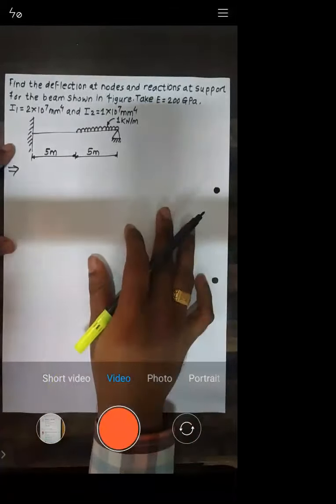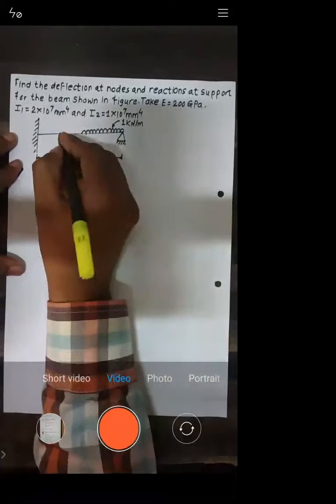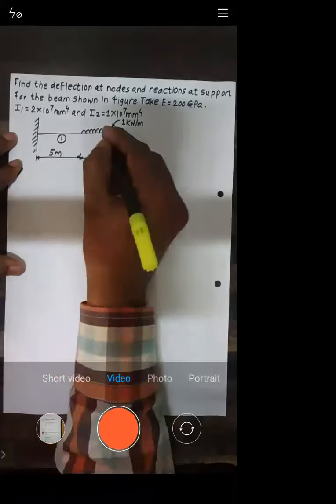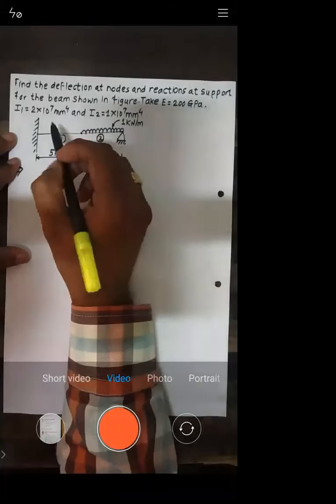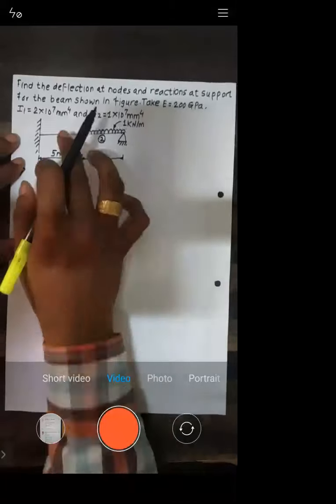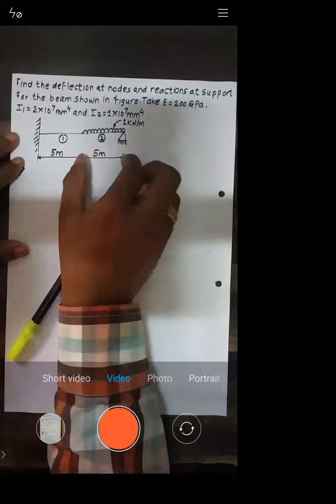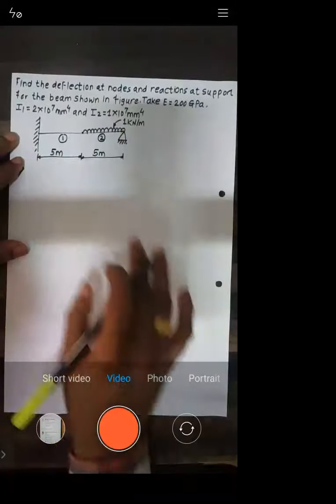The second criterion is change in cross section. This is the one element they have given, and this is the second element. They have mentioned the value of I1 as this and I2 as this. That means this 5 meter will have a different moment of inertia, and similarly this 5 meter will have a different moment of inertia. So their cross sections are different.